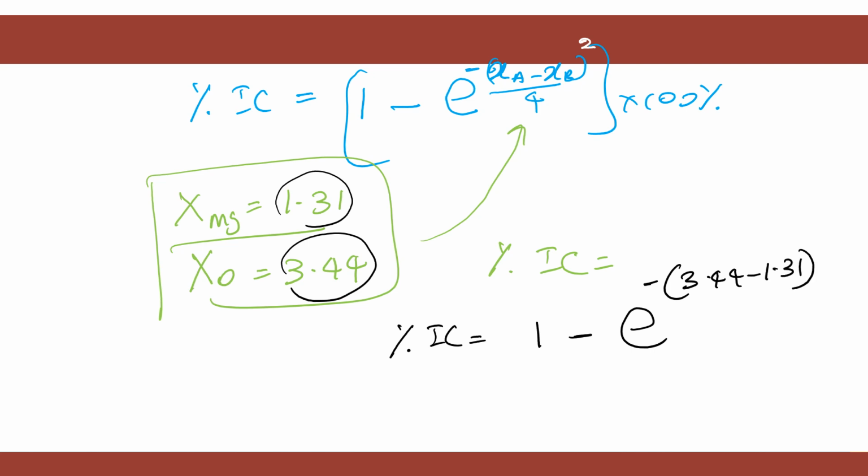Or if you want to make it 1.31 minus 3.44, that's also okay, because we have a squared sign here, over 4. And you times by 100. Can we all do it and get the answer? If you all get the same answer, we are good. 60 something? 67, do we get 67 something?